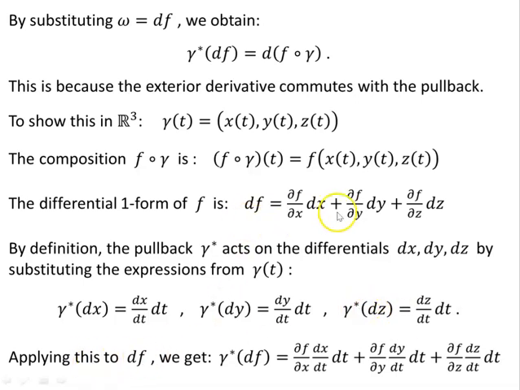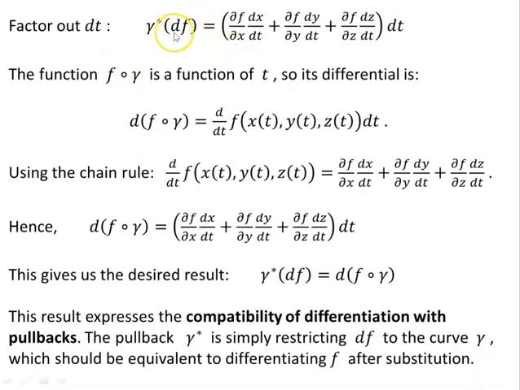Applying this to df, the pullback of df under gamma is partial f partial x times dx dt times dt, partial f partial y times dy dt times dt, and so on. Next, factor out dt, and the pullback of df under gamma is this object times dt.